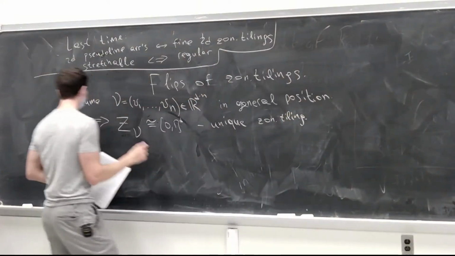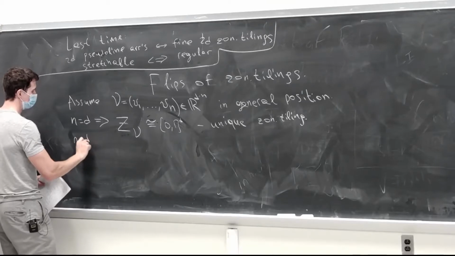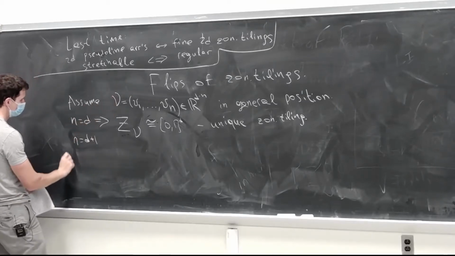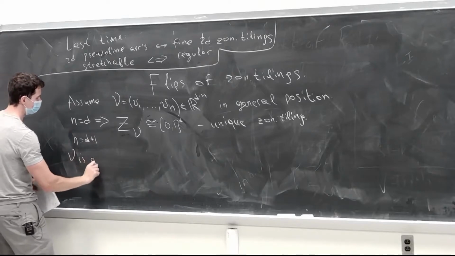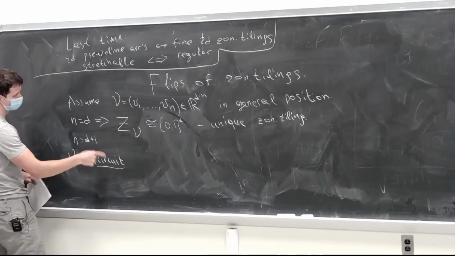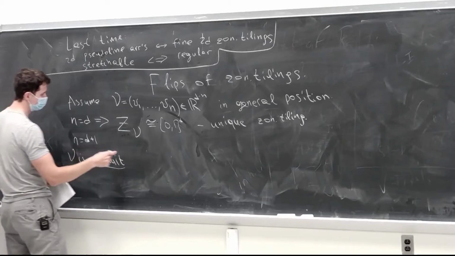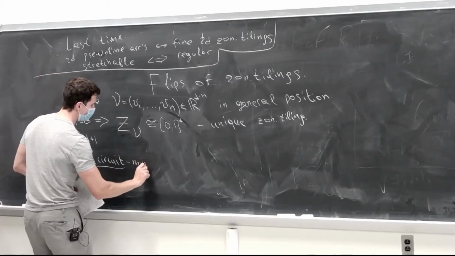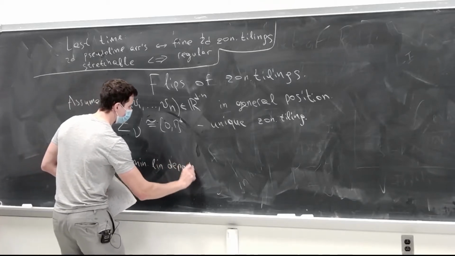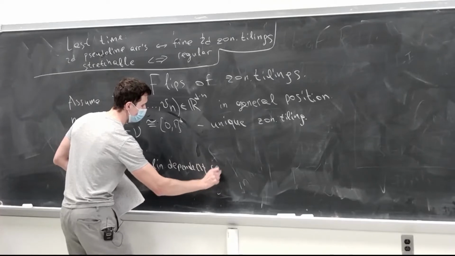OK. Now, what about n equals d plus 1? In which case V is what I would call a circuit, which for vector configurations means that it's a minimal linearly dependent set of vectors.